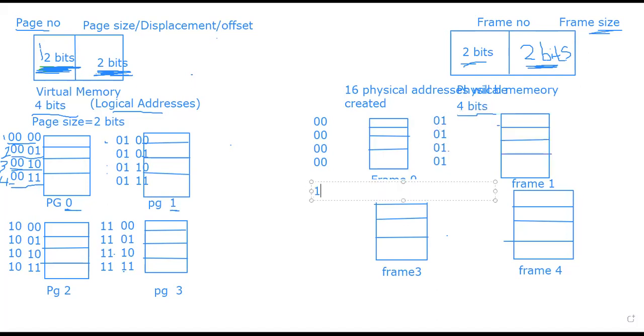Here it is 1 0, because this is the second one, frame 2, and this must be frame 3. Now done. Still not done, wait.